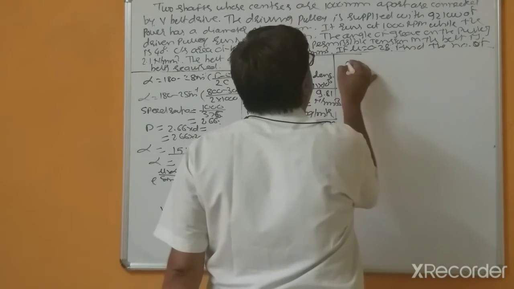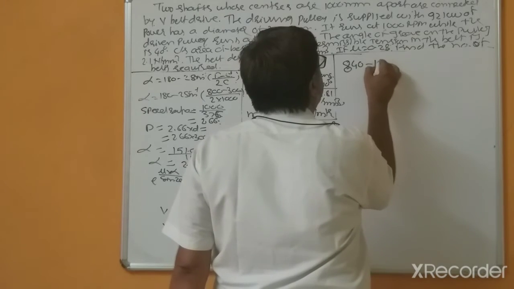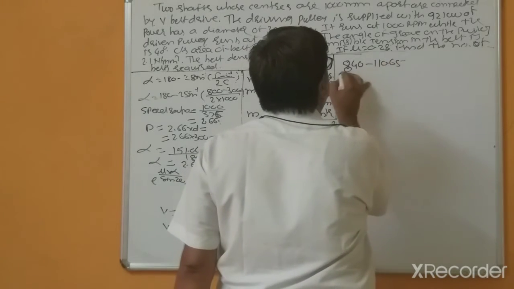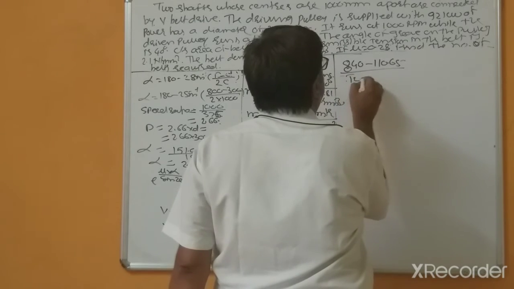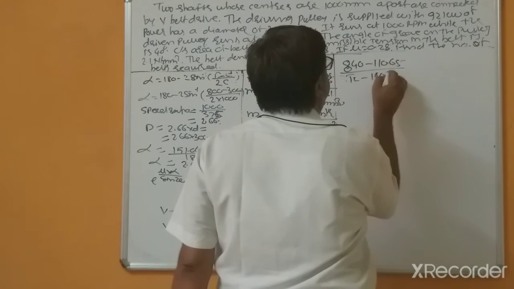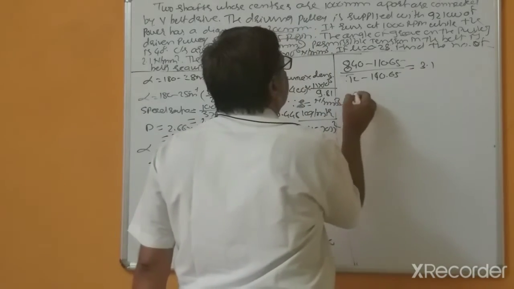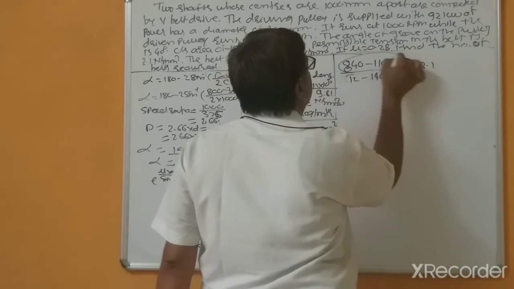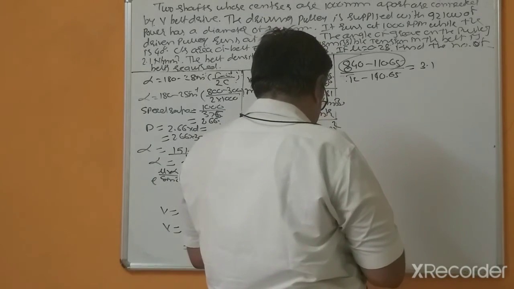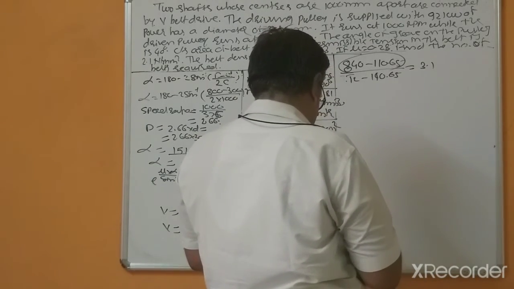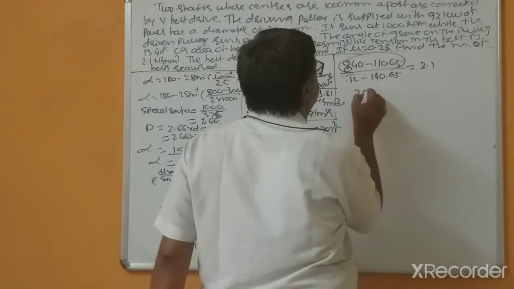So that's why 840 minus 110.65, divided by T2 minus 110.65, equal to 3.1. So this term equal to 729.34.